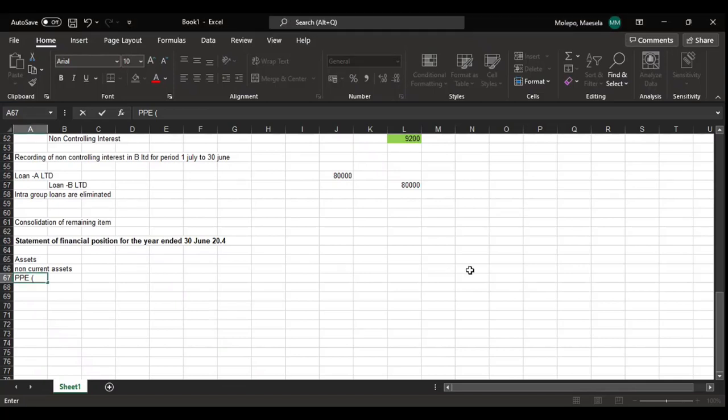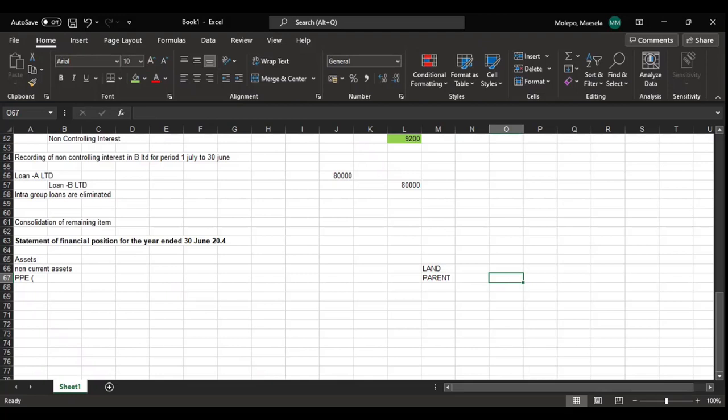Remember, our PPE, let's do it aside. We're going to have land like this. The land for the parent is how much? From the pre-adjustment trial balance it is 250, yes, sir.